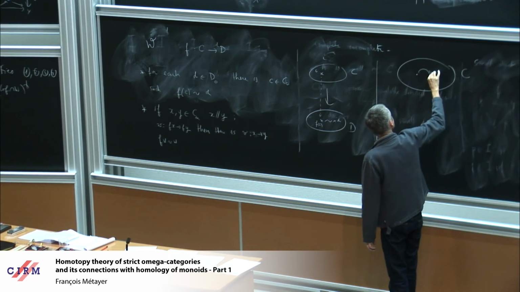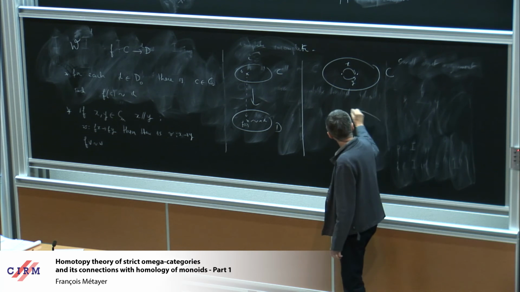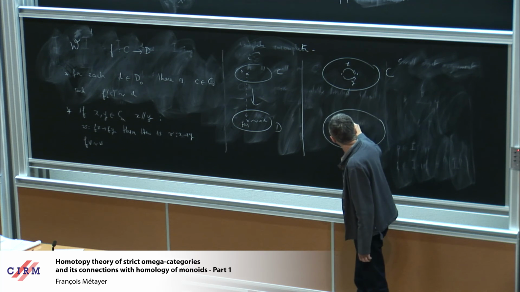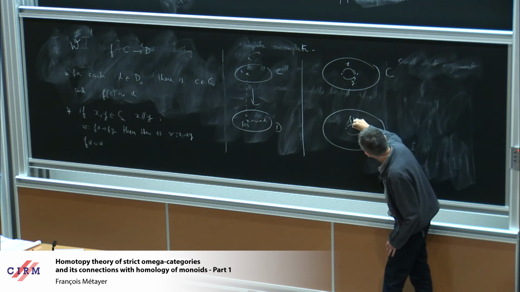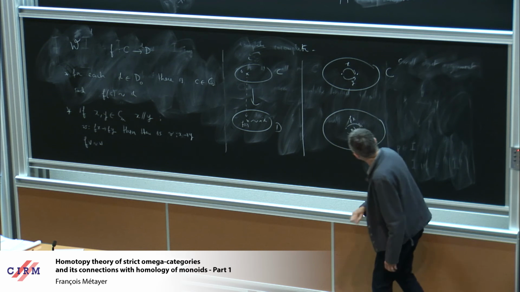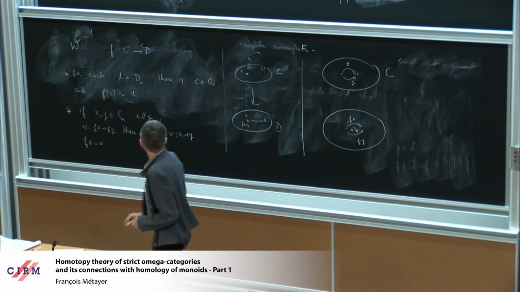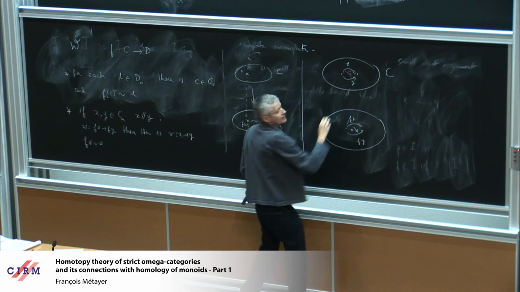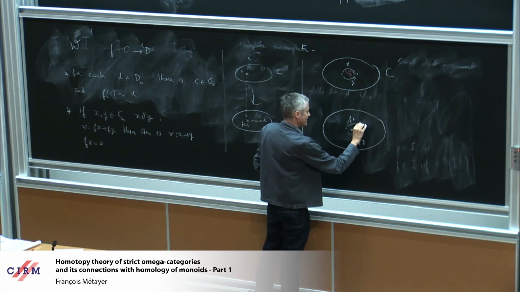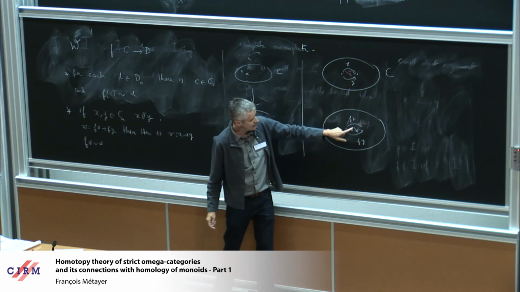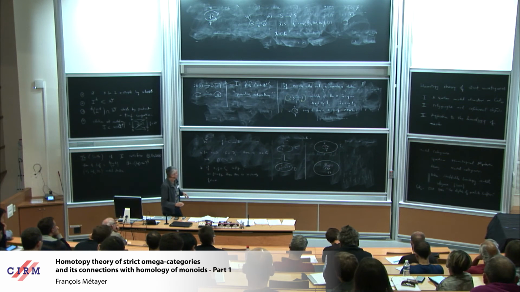You take two cells X and Y like this, and you suppose that the images Fx, Fy are connected by a certain n+1 cell W, then there is a V here such that F of V, the image of V here, F of V is omega equivalent to this W. So those are the weak equivalences.